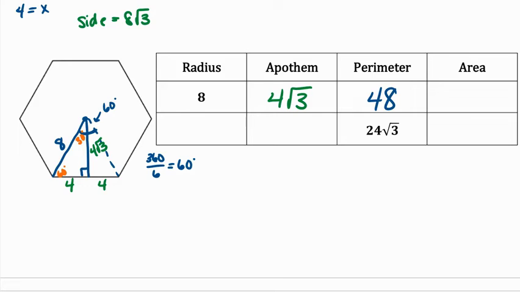That only happens in a hexagon, not in a pentagon, octagon, and so on. Then to find our area, we can do 1/2 times the apothem times the perimeter, which would give us 2 times 48, which is 96 radical 3.